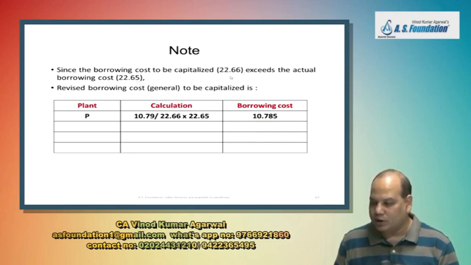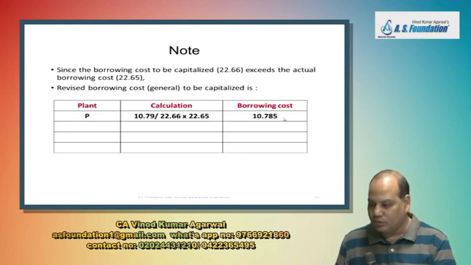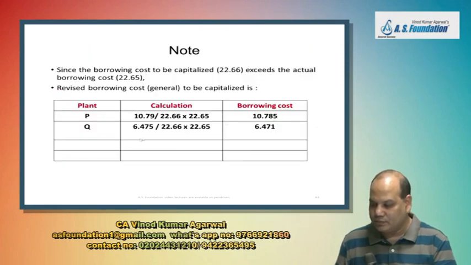This is for understanding what you will do if your calculation exceeds the actual borrowing cost. In this example, it is not material, you can round off the calculation there only, but what if it is a big difference? This way you will present 10.79 divided by 22.66. From where did you get this 10.79? From the previous table. Can you see this 10.79? So you have to apportion in this ratio. 10.785. Q: 6.475 divided by 22.66 into 22.65.